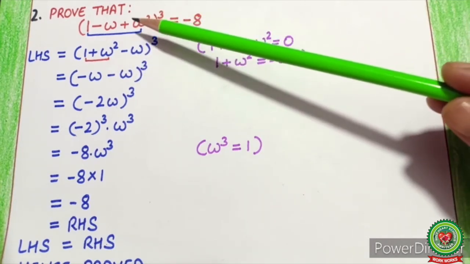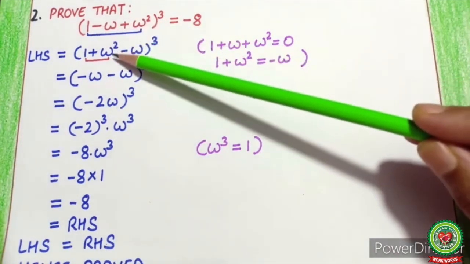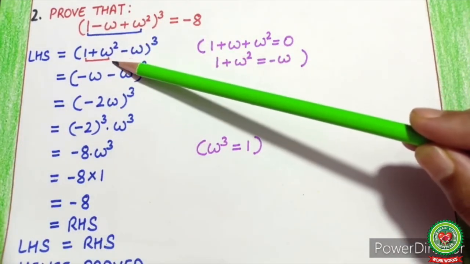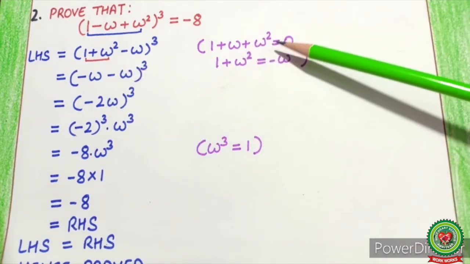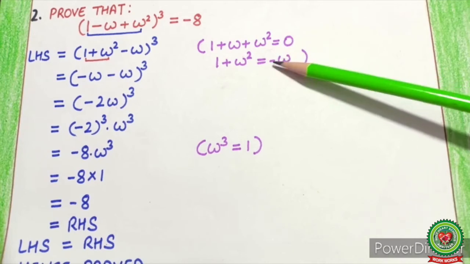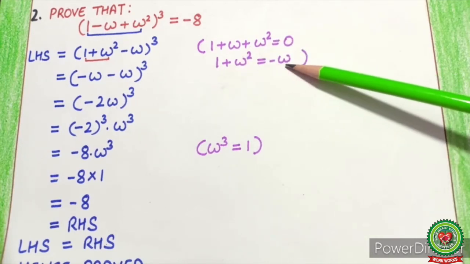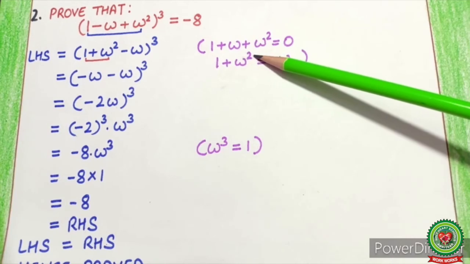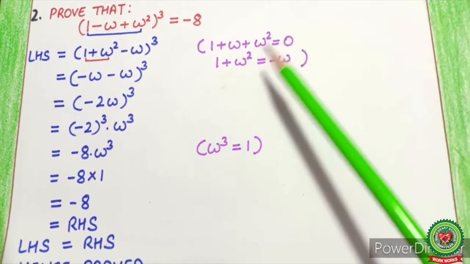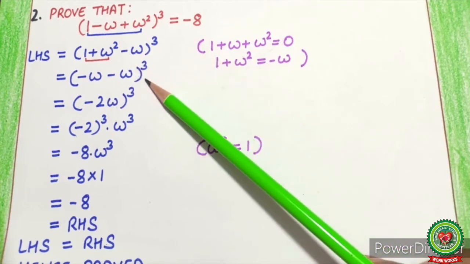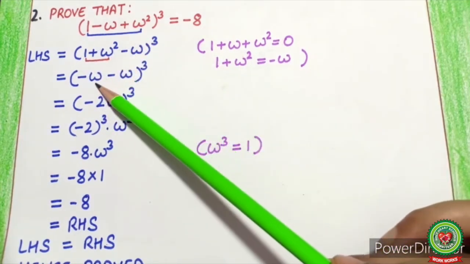First of all, we are collecting the terms 1 plus omega square, because our formula is 1 plus omega plus omega square equals 0. So from here, the value of 1 plus omega square is minus omega. We are going to shift omega to the right side, and use this value in this question.